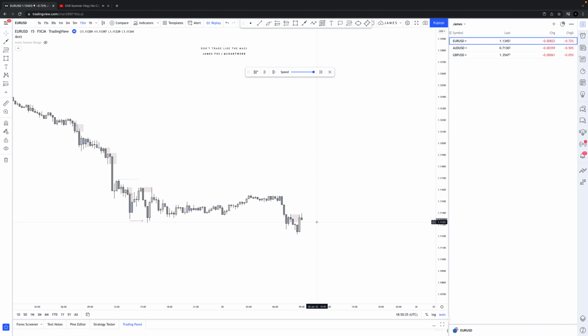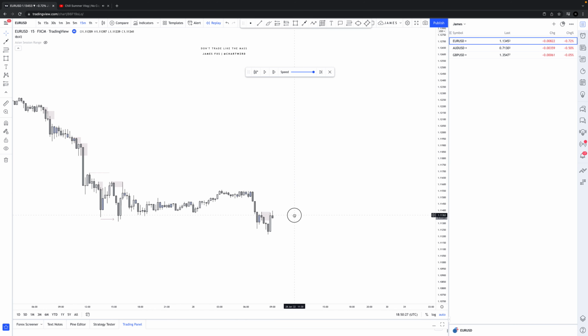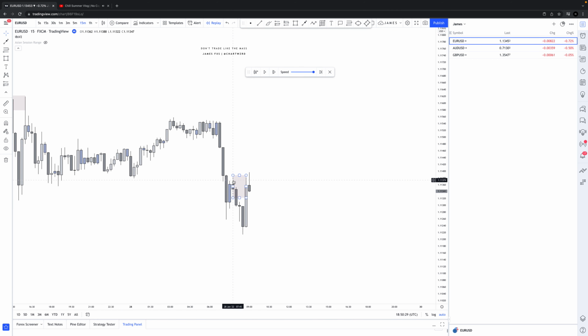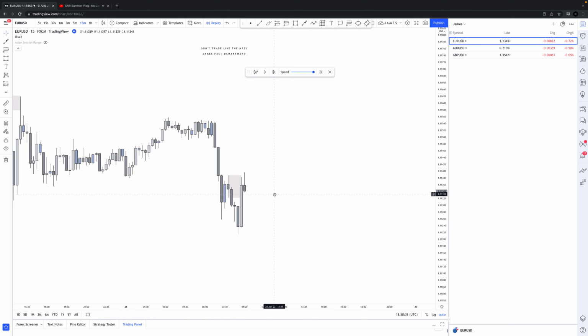Right, so what I can see now is we've actually taken out that supply and that high. So what this could be, although it's just wicked it, you know, price action tells us everything. On a lower time frame, that's a break of that high.